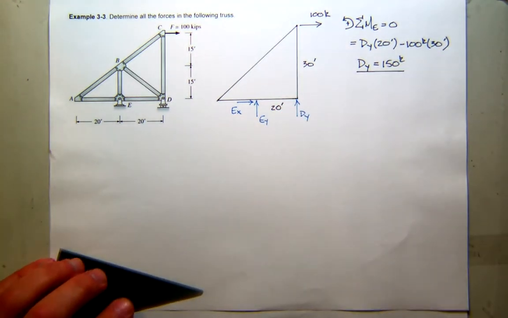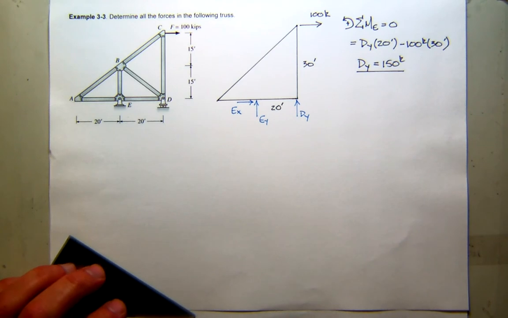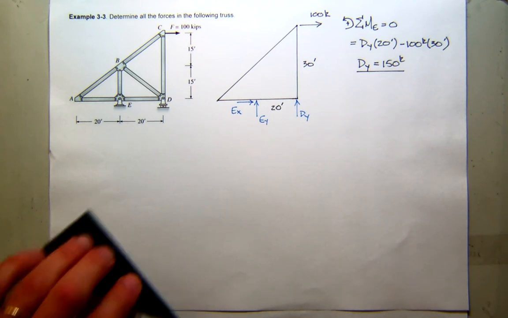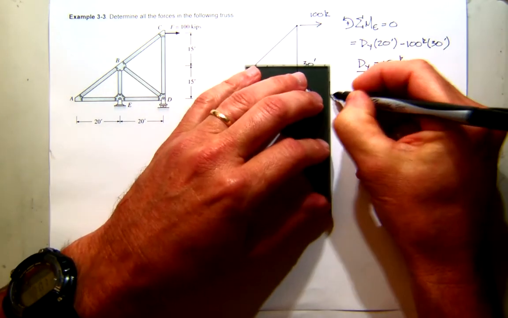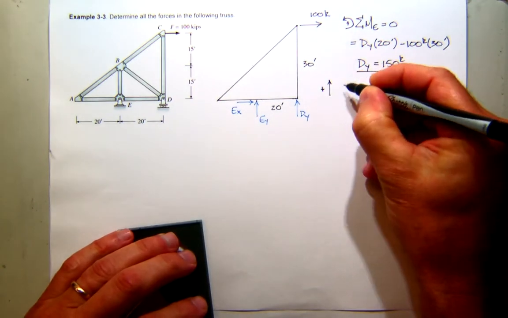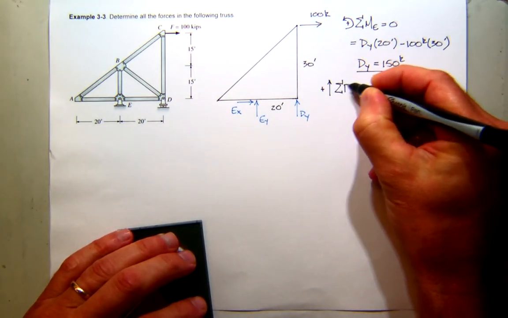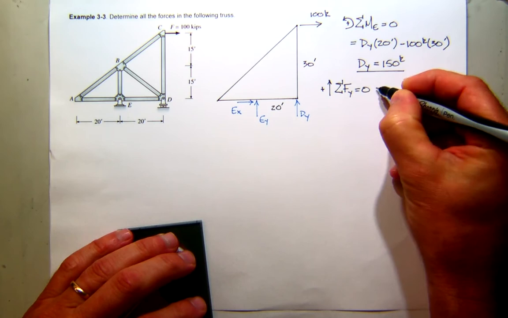Now you can do whatever you like. Well, not true. You can't do whatever you like. In a statically determinate sense, you can sum forces in the X direction or sum forces in the Y. It doesn't really matter which one you do first. So I'll just do it in the Y direction. Summing forces in the Y direction, what do I have?